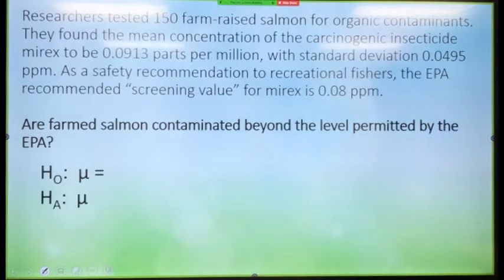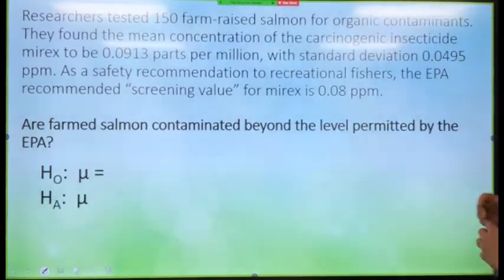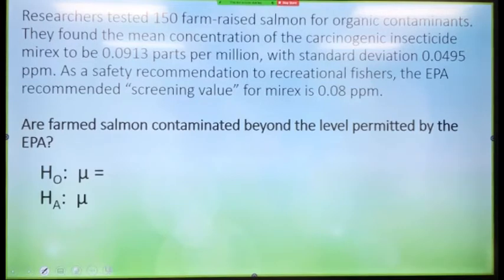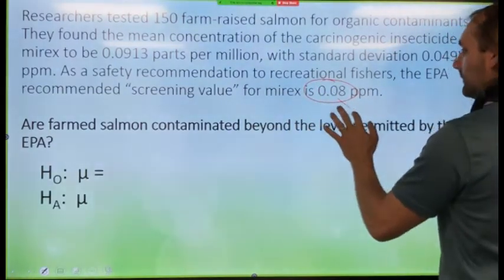So let's first create our null and alternative. So this represents my mean. My mean equals what's going to be my value? Which number up here am I going to use for the mean value that I'm testing against? The 0.08. Very good.